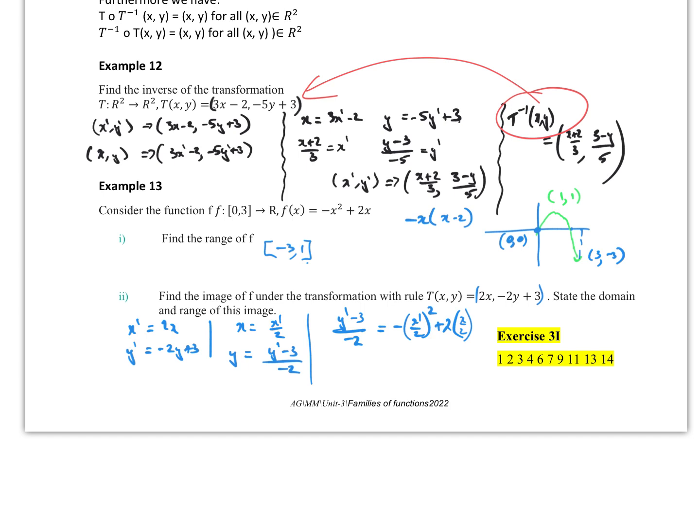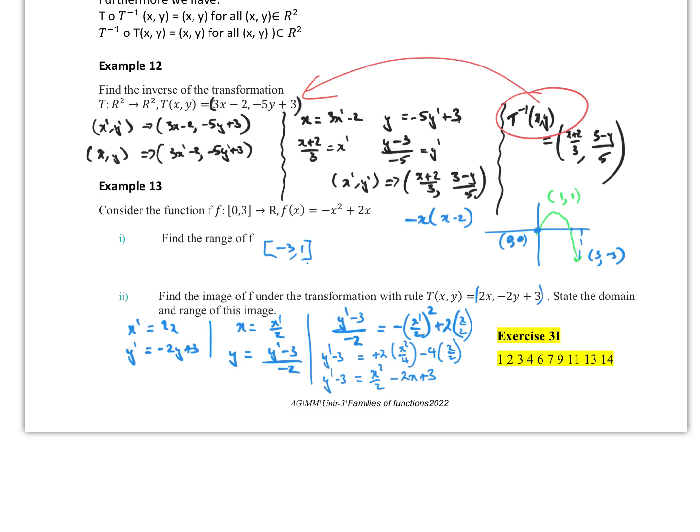So I'm going to bring that -2 across. y' minus 3 is equal to positive 2 x squared on 4 minus 4 times x on 2. I'll get y' minus 3 equals x squared on 2 minus 2x, so y' equals x squared on 2 minus 2x plus 3.